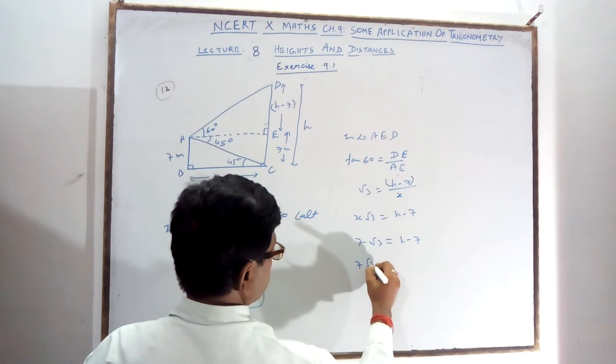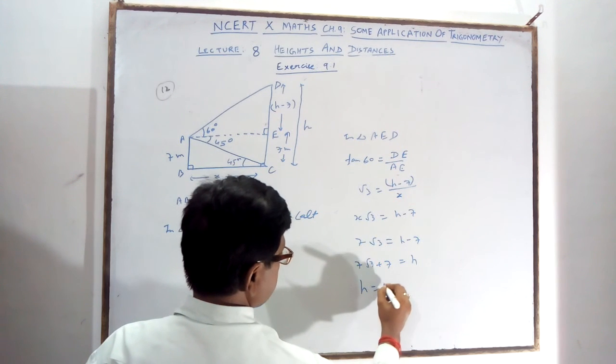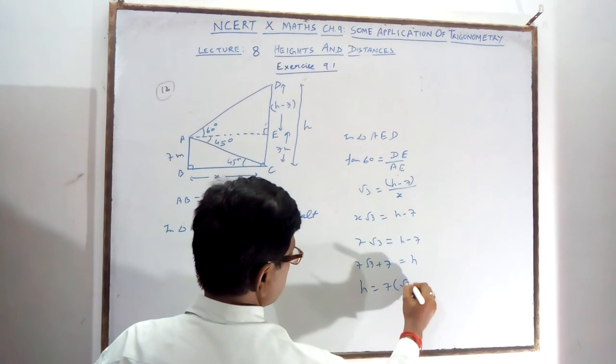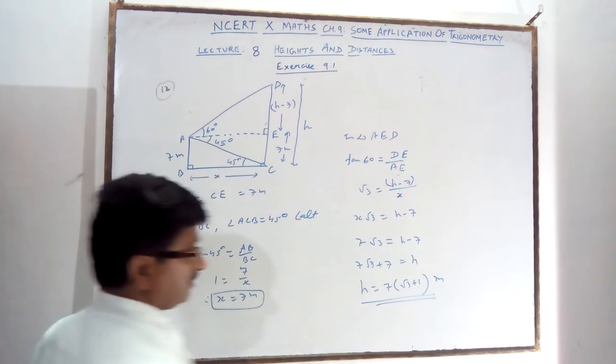So 7 root 3 plus 7 is equal to H. Therefore H is equal to 7 root 3 plus 1 meter is the height of the cable tower.